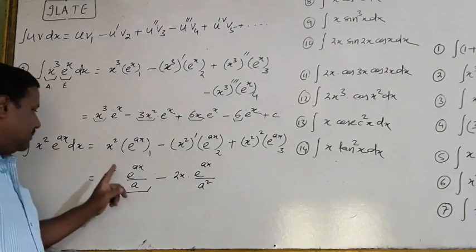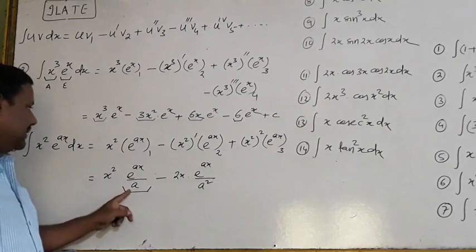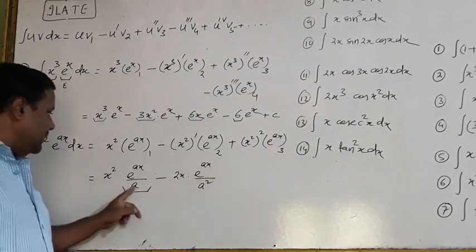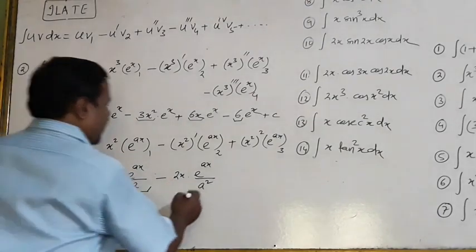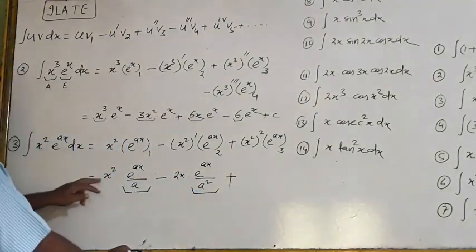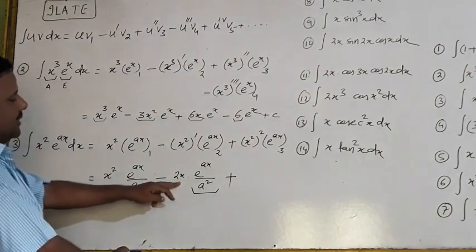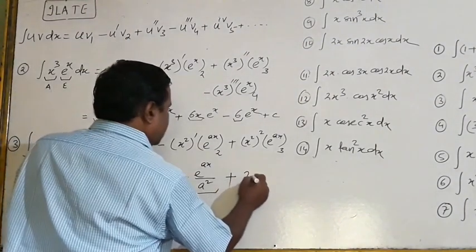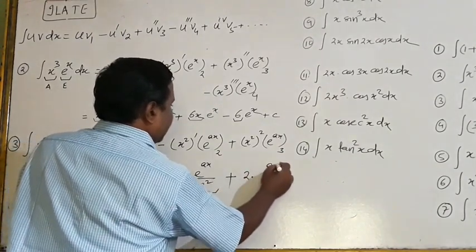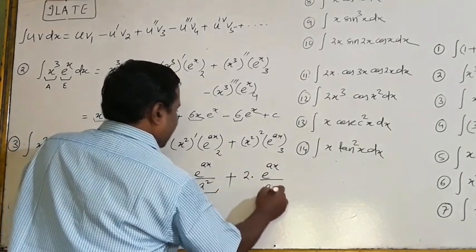So first when you integrate this, write this result. On the next step you should integrate this again. Okay, e to the power ax by a square, plus then 2x, what is its derivative? 2. You have to write 2 into the integration of this result. It is e to the power ax by a cube.